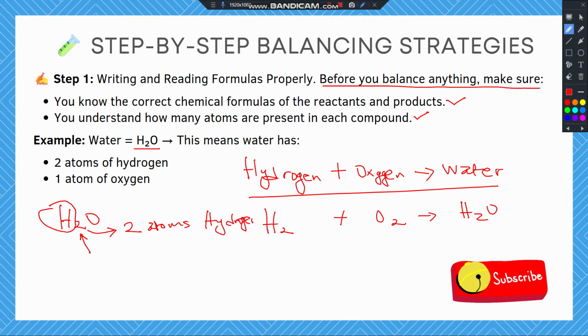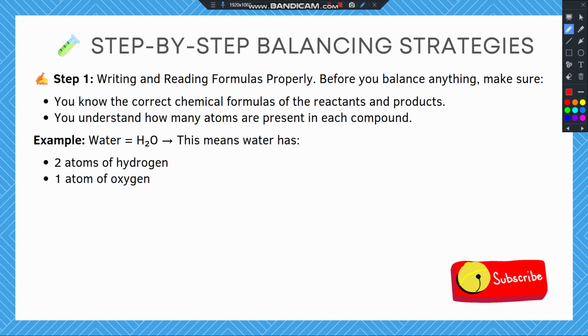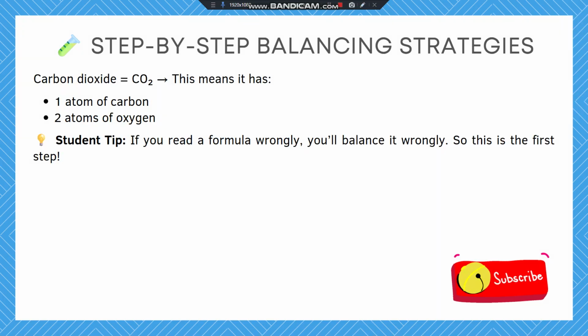Because remember, in our previous videos where we talked about the parts of a chemical reaction, we talked about the subscript, the small number placed after an element. So this number 2 is a subscript, and it is telling us the number of atoms of hydrogen present in the compound. 2 atoms are present, and then we have just 1 atom of oxygen present. Once you are acquainted with that, you're ready to move to the next step.